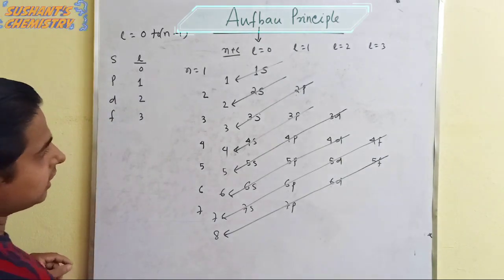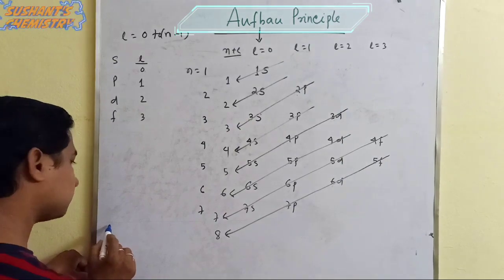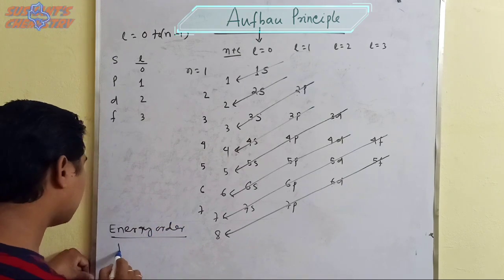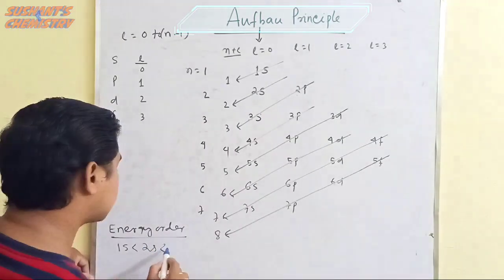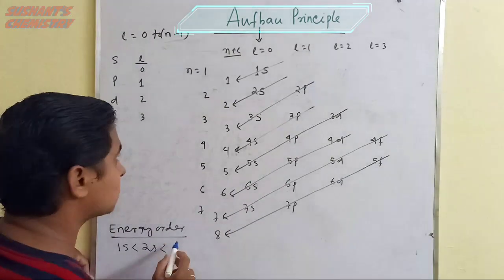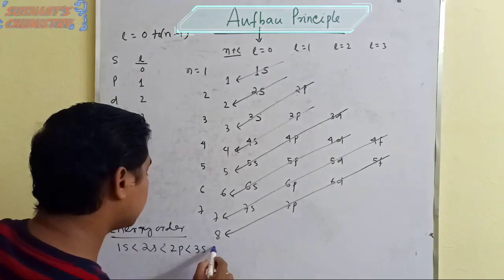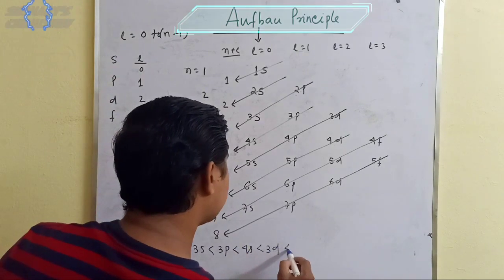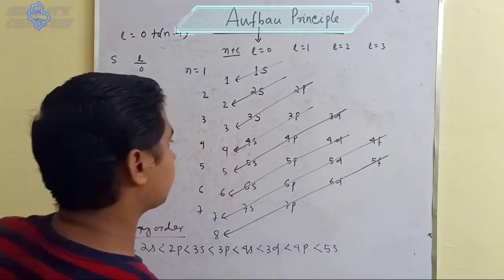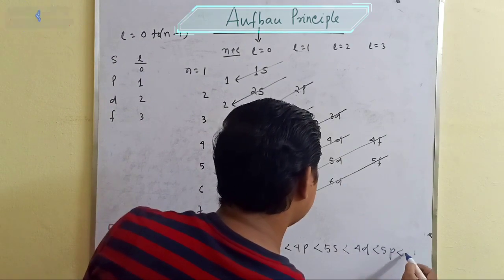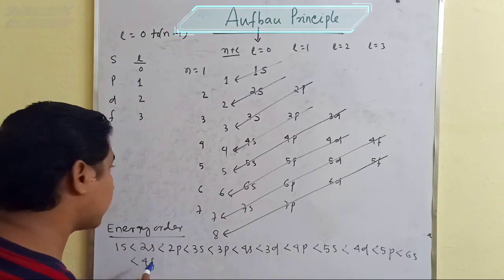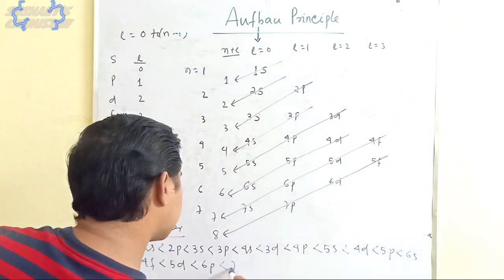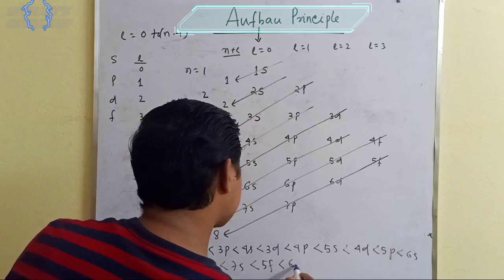Now write the increasing order of the energies. Energy order: 1s less than 2s less than 2p less than 3s less than 3p less than 4s less than 3d less than 4p less than 5s less than 4d less than 5p less than 6s less than 4f less than 5d less than 6p less than 7s less than 5f less than 6d less than 7p.